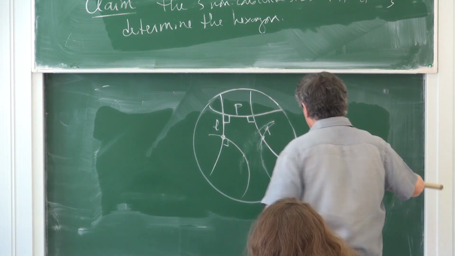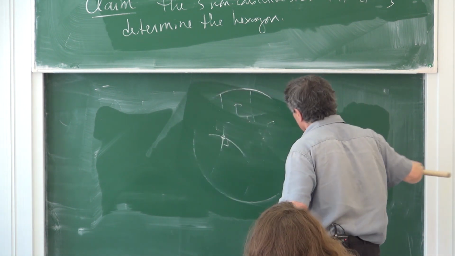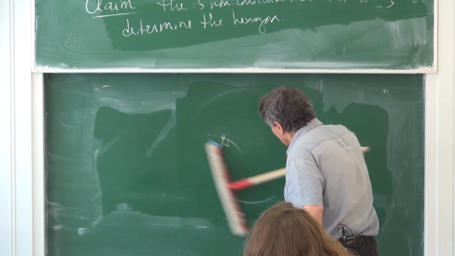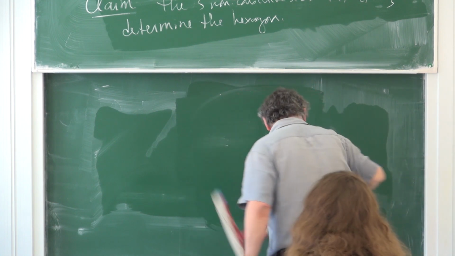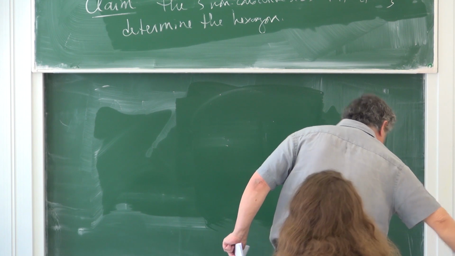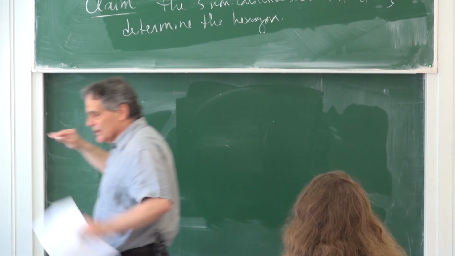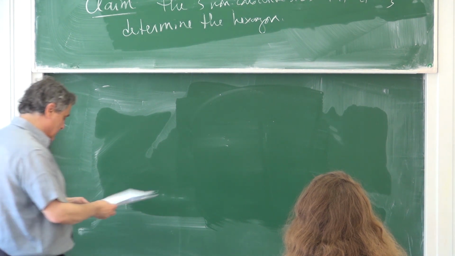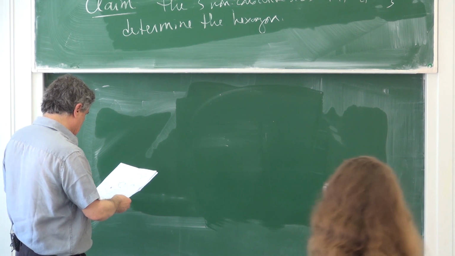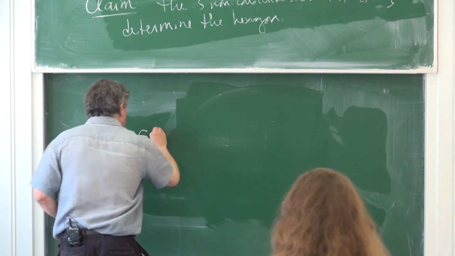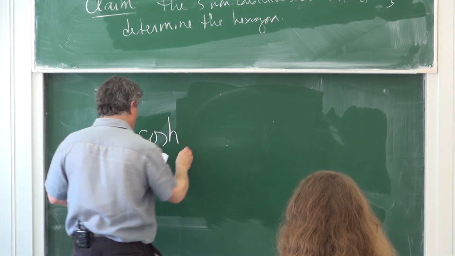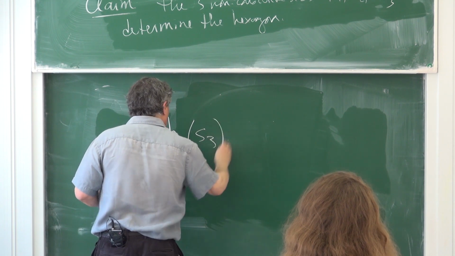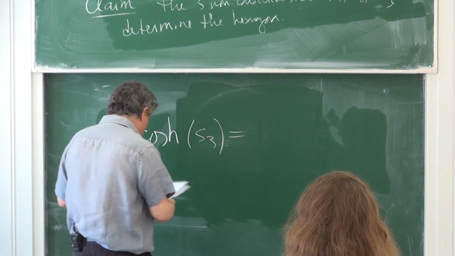I have to explain several things, but let me just throw in the formula, which is the usual formula that everybody uses. I use it in almost all my papers on the subject, in fact. But I never can remember it, because it's just a formula. This is cosh of S3.